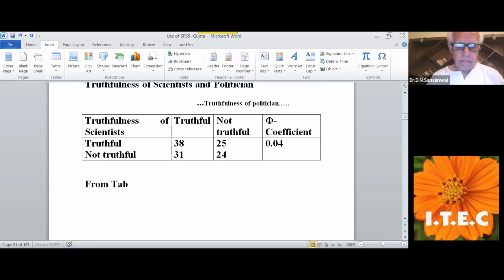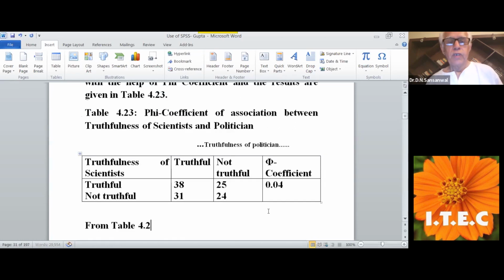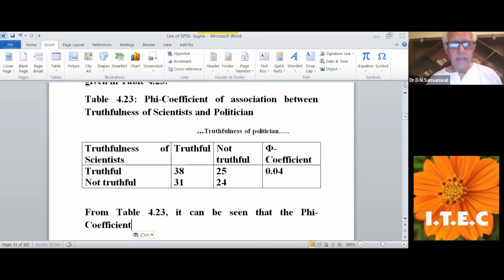So from table 4.23, it can be seen that the phi coefficient is 0.04, which is not significant.